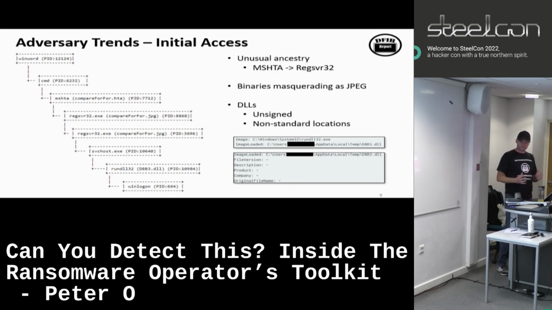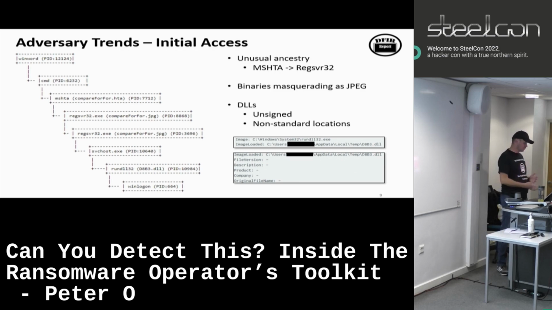Very complex. And in this one, the DLL was masqueraded as a JPEG. Despite attempts to evade security tooling, looking at that, you can say that's not normal. If you've got that telemetry being collected, you should be able to see that, and it is unusual.